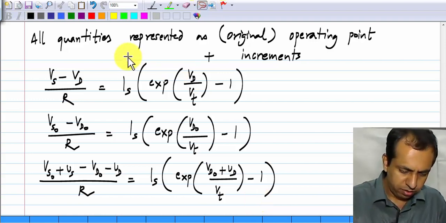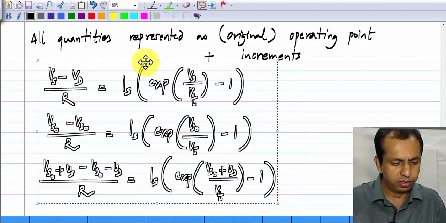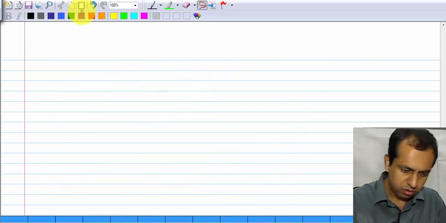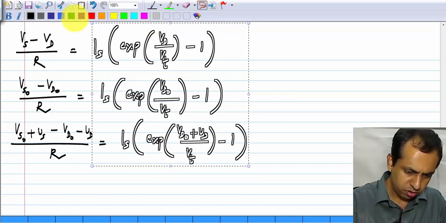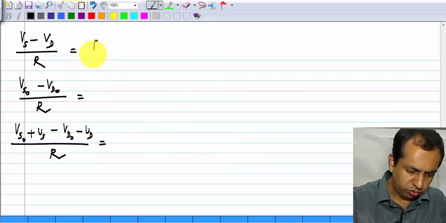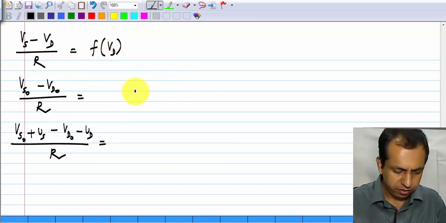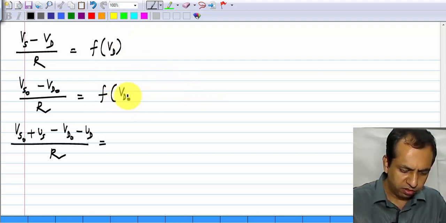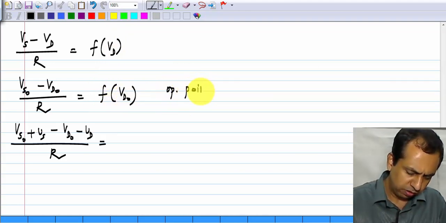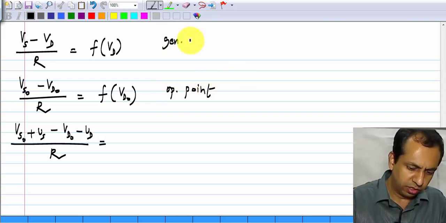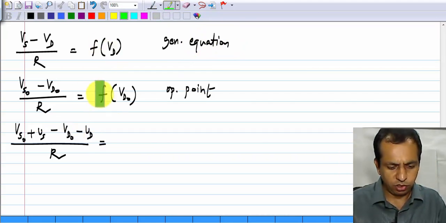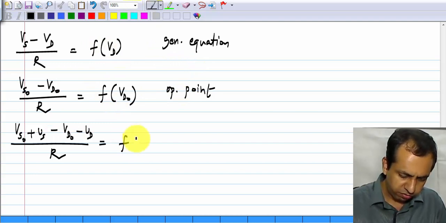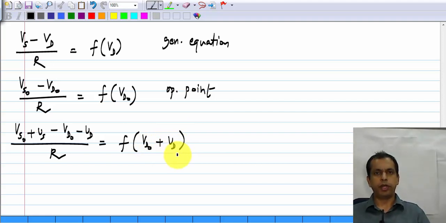Now, let me write it in general terms as well, not just for the diode. So this would be in general some function of Vd, and this will be a function of Vd0, the operating point. This is the general equation, and in the third case I represent the general case as the operating point plus an increment, so I have f of (Vd0 plus vd).